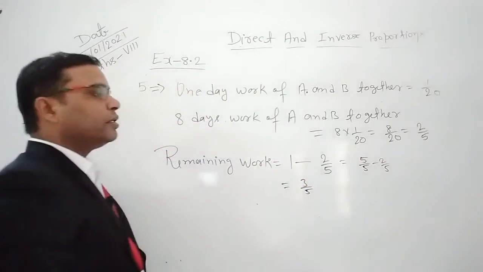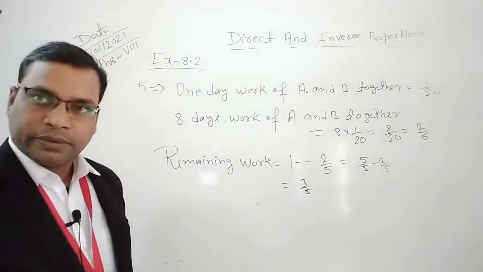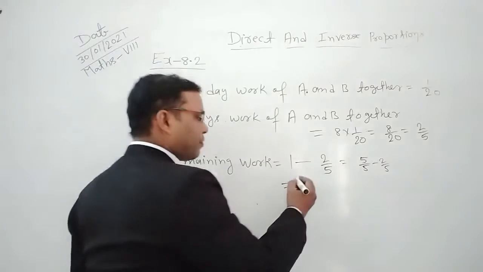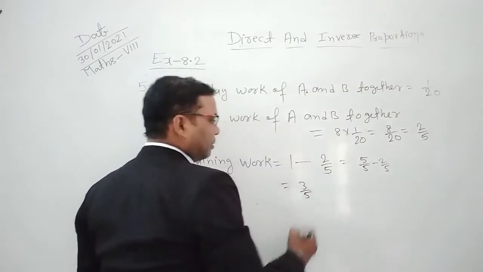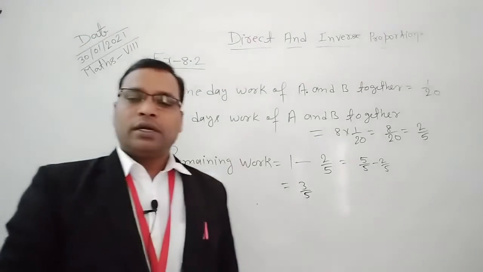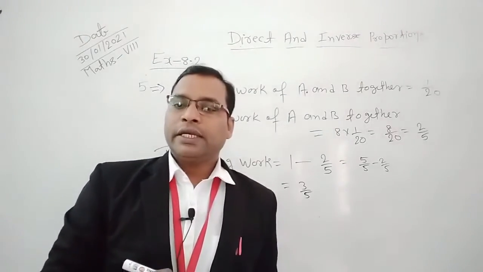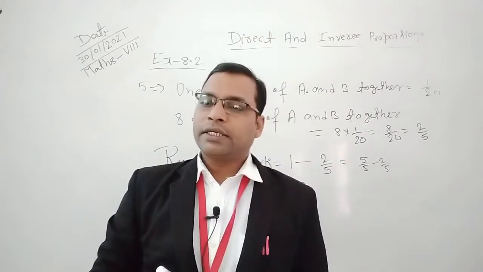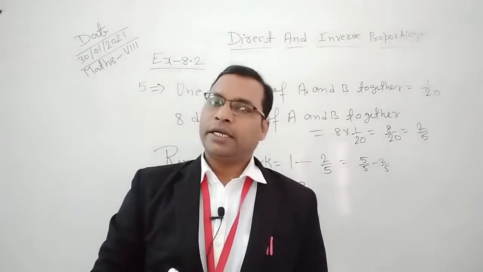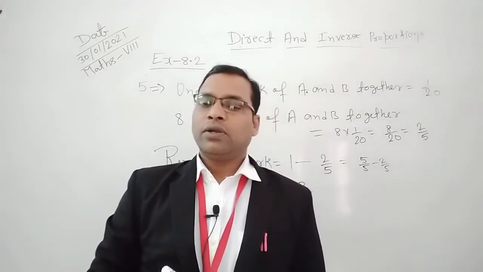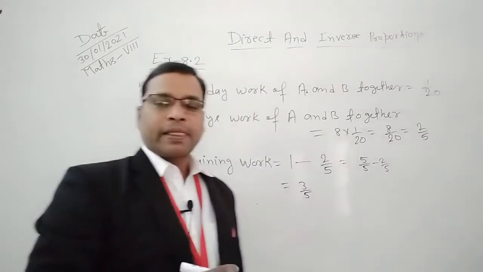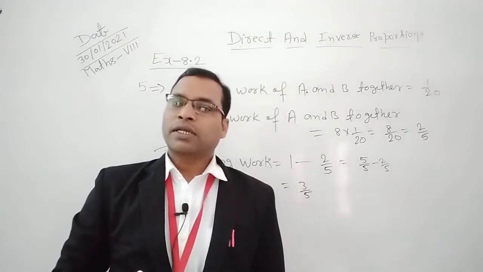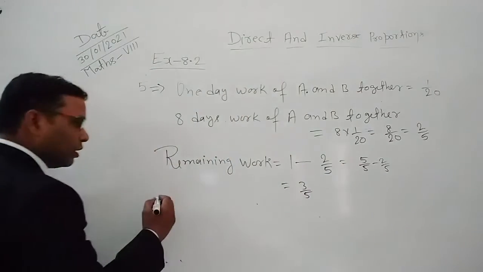Okay, so remaining work is equal to 3/5. This is clear. Now in this question it is also given that A alone can dig this pond in 30 days. So we find here the 1 day work of A.